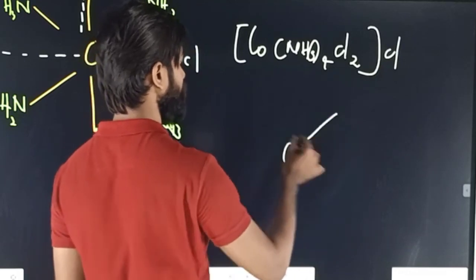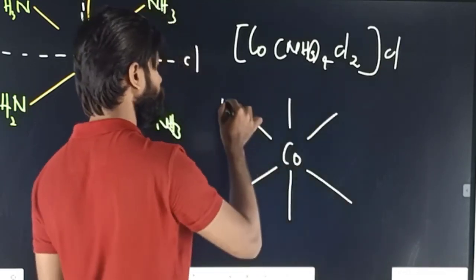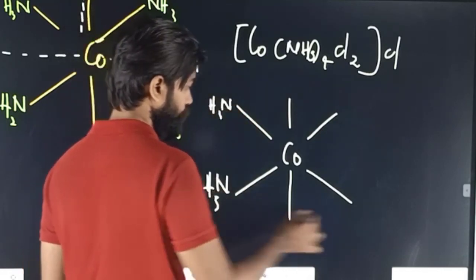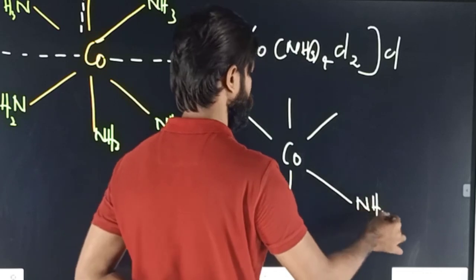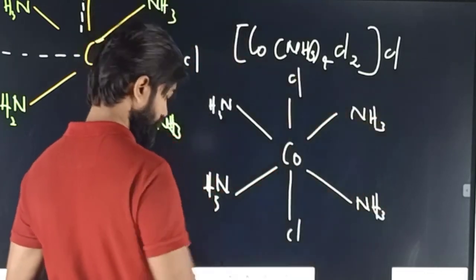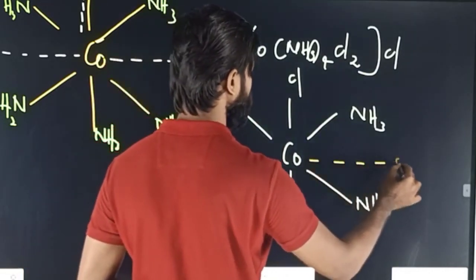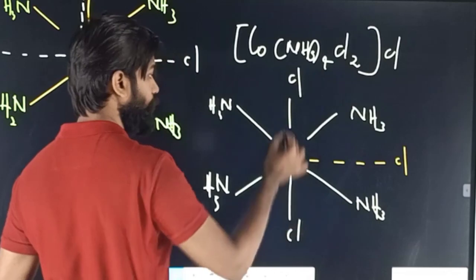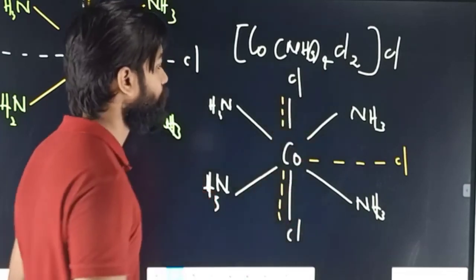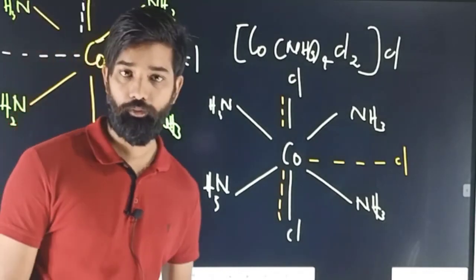So once again the secondary valency is 4, so like this. Here is a Cl, here is a Cl, okay? And one pure counterion is there, which is represented by a dot. And these can satisfy both primary as well as secondary. Fine. So that's all about the Werner theory. Ready?